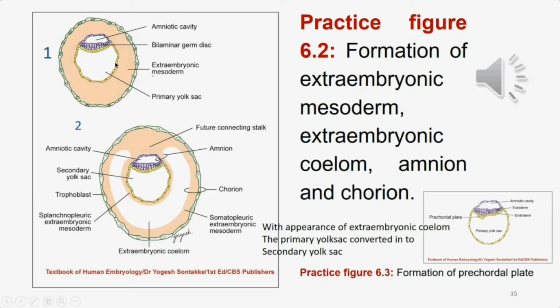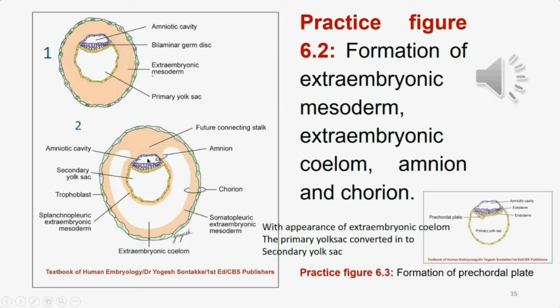In the extraembryonic mesoderm, an extraembryonic coelom cavity is developed, but the cavity does not extend to those parts of the extraembryonic mesoderm where the roof of the amniotic cavity and the trophoblast are.